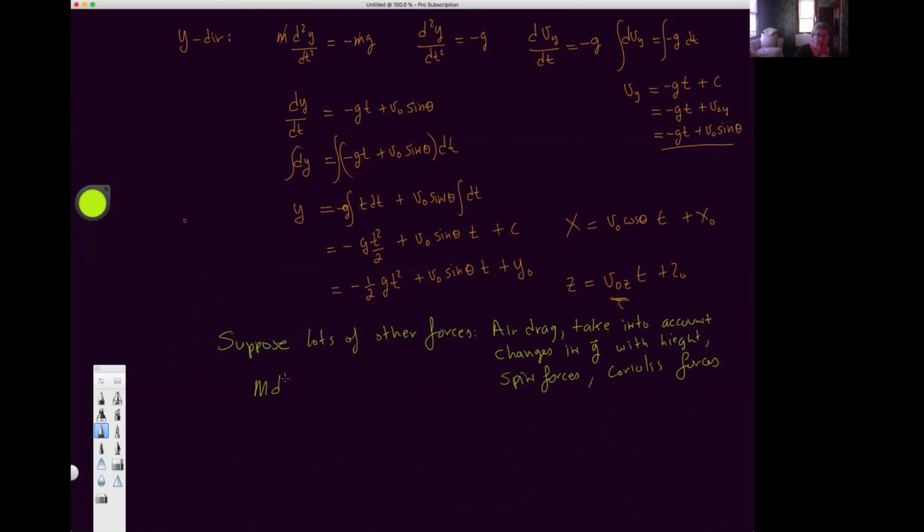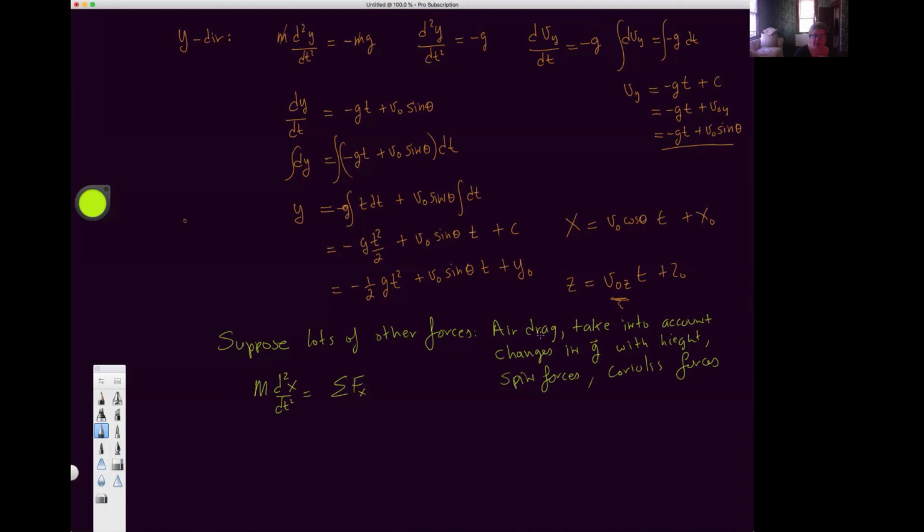m d squared x dt squared. Let's be a little bit more general. m d squared of some position vector. I'll tell you what, we'll just write all 3 down. d squared x dt squared is equal to the sum of all the forces that act in the x direction, right?